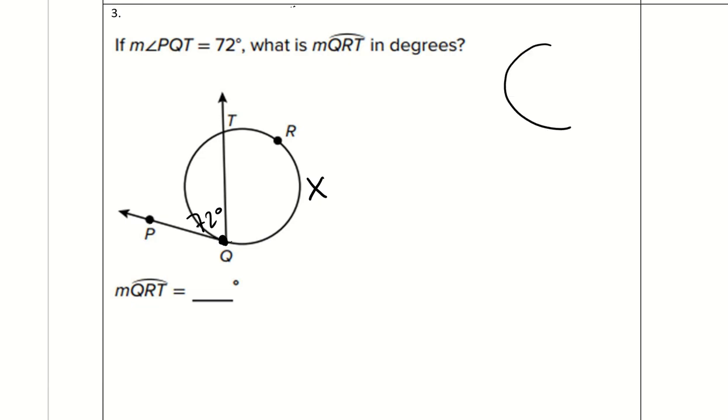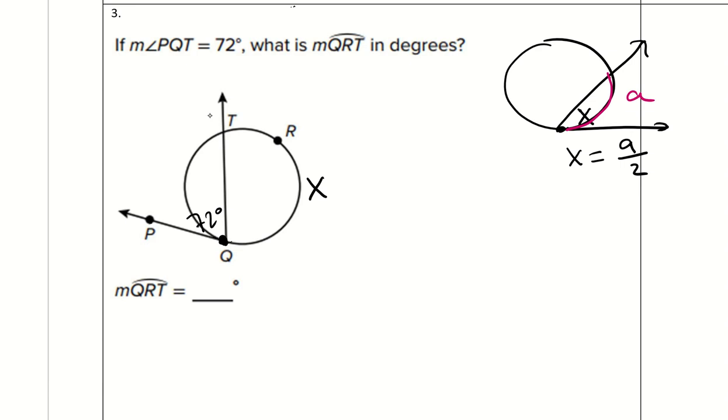Then the theorem states that if I have something like this, then this angle is obtained by essentially taking this arc and cutting it in half. So it's that arc divided by 2. That's it. You just cut it in half, just like you would for an inscribed angle.